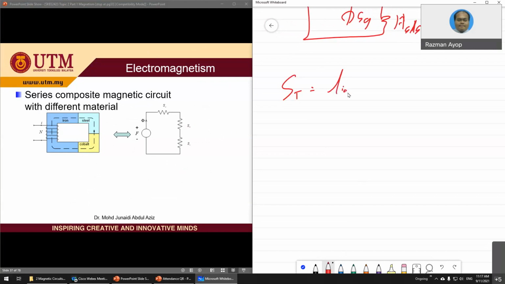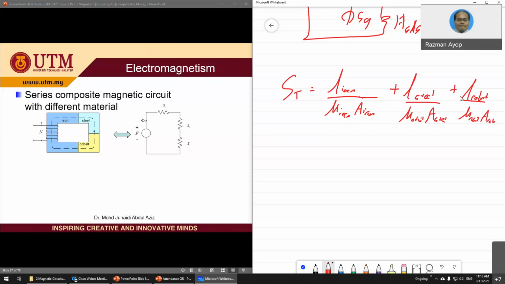So L iron divided by mu iron and area iron, plus L steel divided by mu steel and area steel, and then L cobalt divided by mu cobalt, the permeability of the cobalt, and the area of the cobalt. So you have to do all of this. It is almost the same.